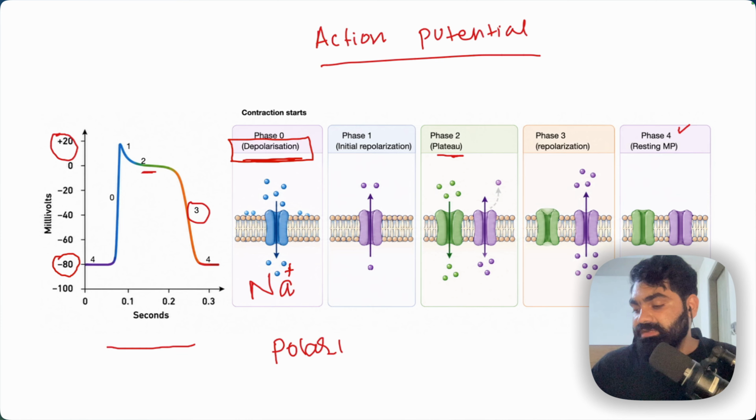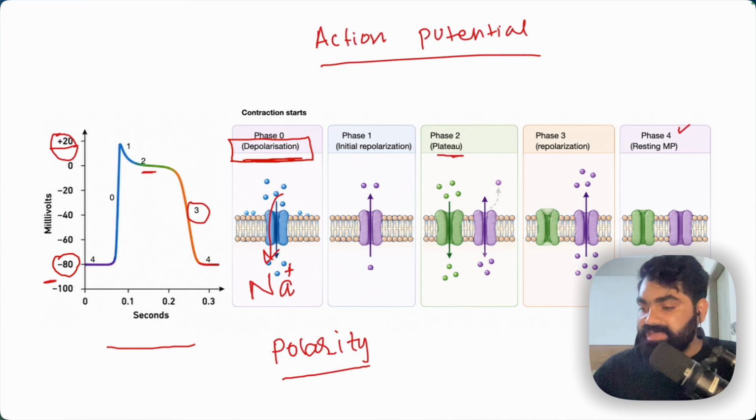In the normal state, the polarity is maintained, and it is maintained due to a number of reasons. So what will happen if a lot of sodium comes inside the cell? The cell will go from minus millivolts to plus 20 millivolts, so depolarization is happening.